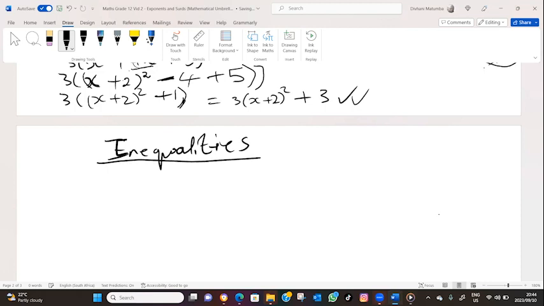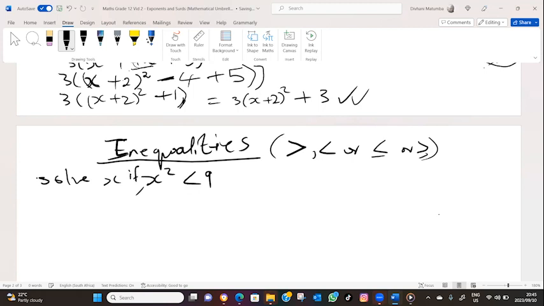Now, with inequalities, instead of an equal sign, we use these signs. All right. Let's say, for instance, we're solving for x on this expression, if x squared is greater than 9.